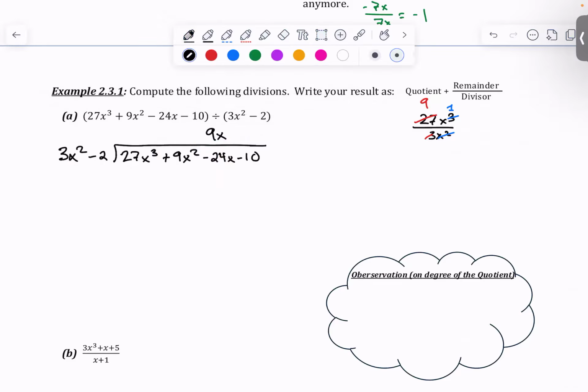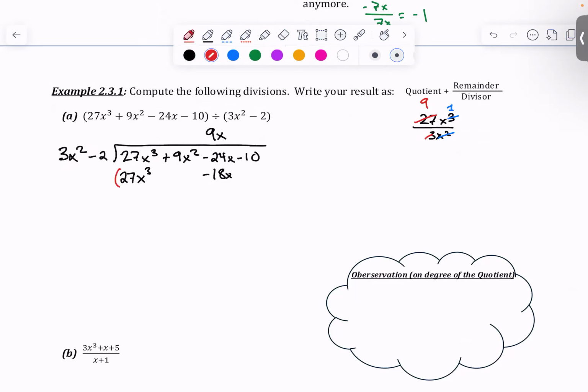So 9x times 3x squared is 27x cubed. And then 9x times negative 2 is negative 18x. I'm going to put that where the x term is. I don't want to put it under the x squared term because that will make it look weird, because I'm not subtracting it from the x squared term. I'm subtracting it from the x term.